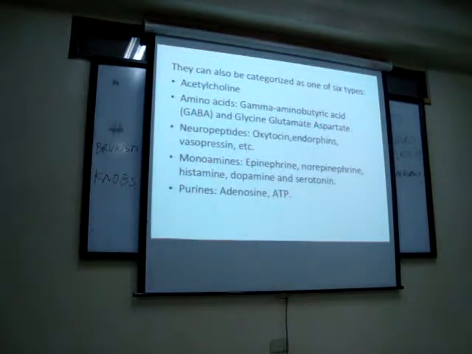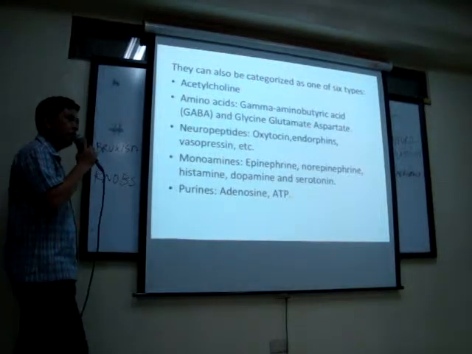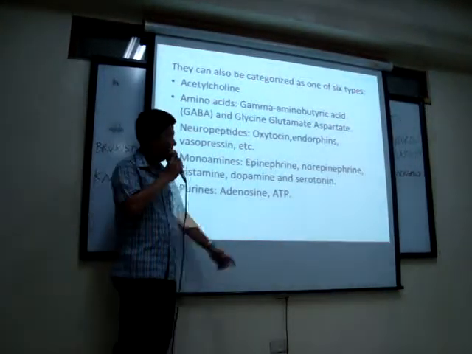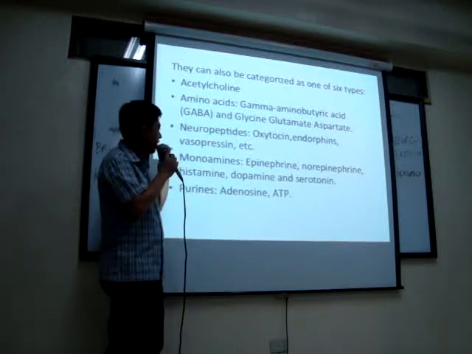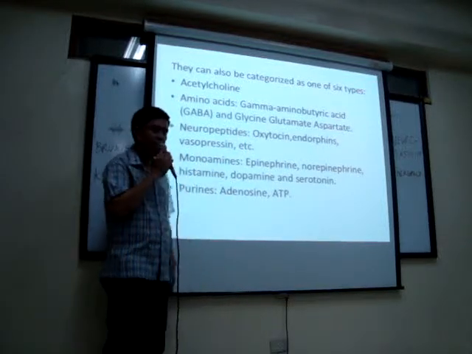Remember that everything to do with motor is always acetylcholine. Amino acid types are your gamma aminobutyric acid, your glycine, glutamate, aspartate. The neuropeptides, surprisingly, oxytocin, endorphin is also included as a neurotransmitter, as well as vasopressin.